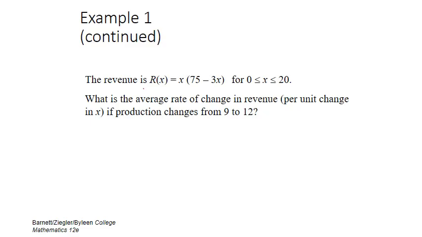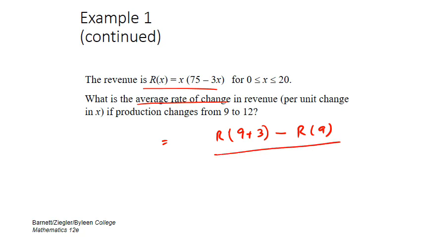The revenue formula is given like this. What is the average rate of change in revenue? The revenue was at 9, we increased it to 12, so 12 minus 9 was the change in revenue, and the average change will be the increase over the old one.